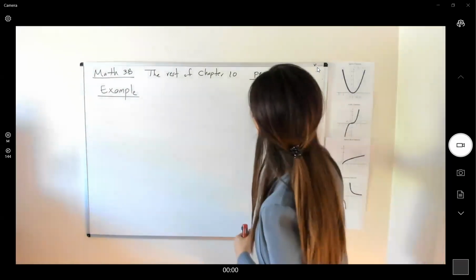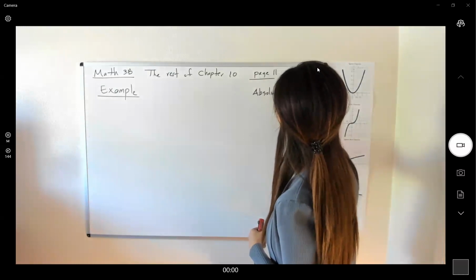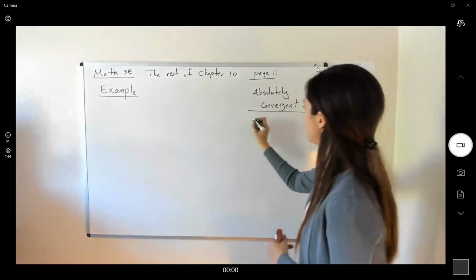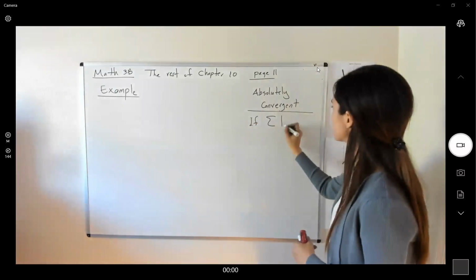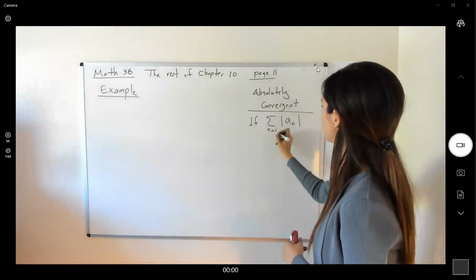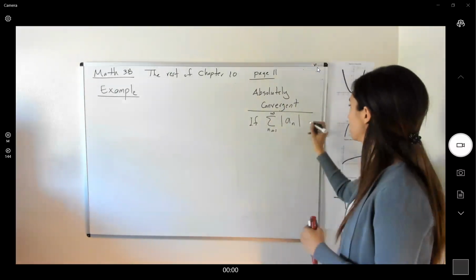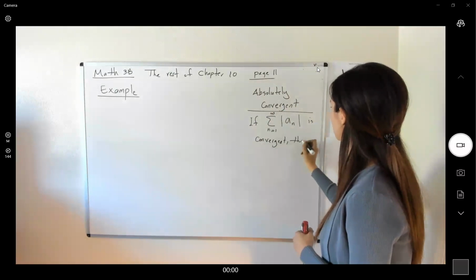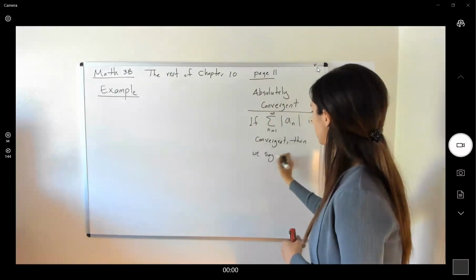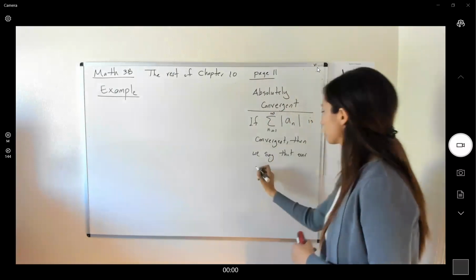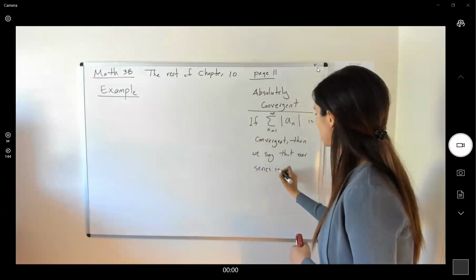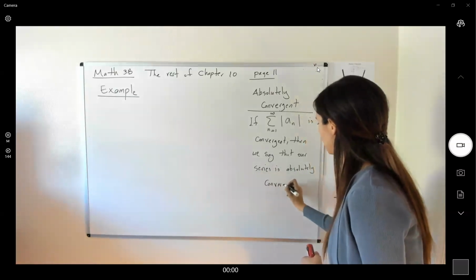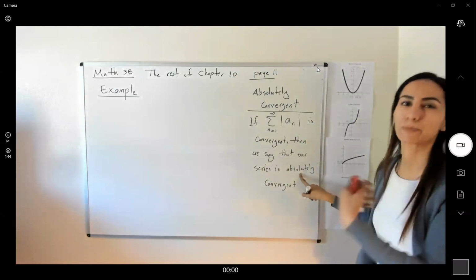So, if the series of the absolute value of a_n, from n equals 1 to infinity, is convergent, then we say that our series is absolutely convergent.